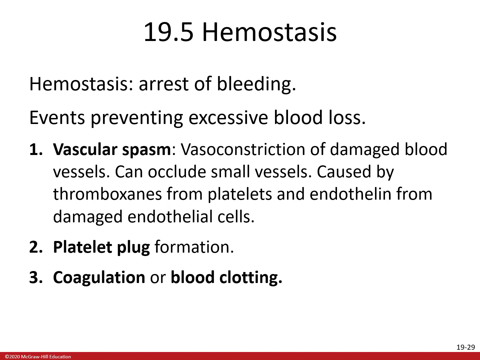So in this case, we want to constrict so that our blood vessels are smaller, which is then going to cause less blood flow to go through. This is going to be caused by thromboxanes released from platelets and endothelin from damaged endothelial cells that are lining the blood vessels.